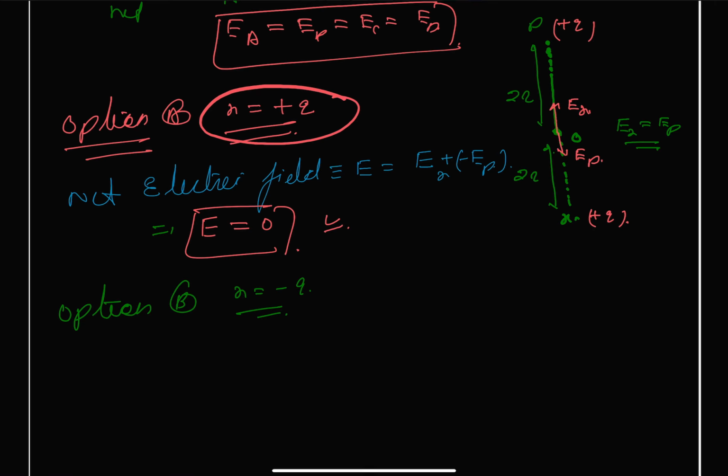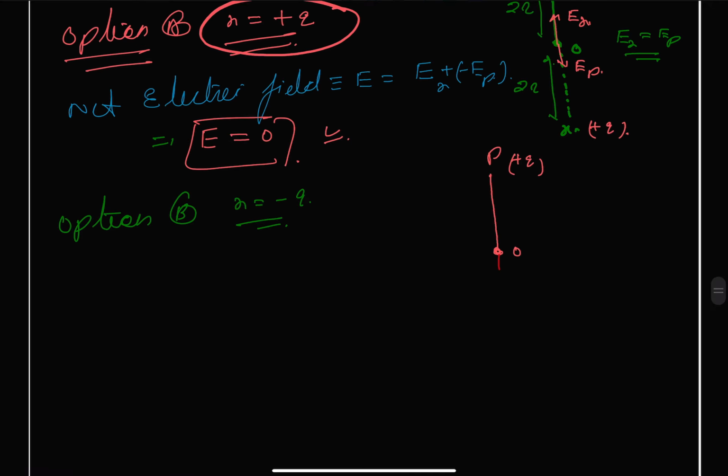So we can just once again draw the figure. So this is a center O. This is point P, which is having a charge of plus Q, and this is our X, which is now having a charge of minus Q. And we just said that in case of this minus, the electric field will be towards the charge, so we are going to have this as EX, and because of positive charge we are going to have EP.